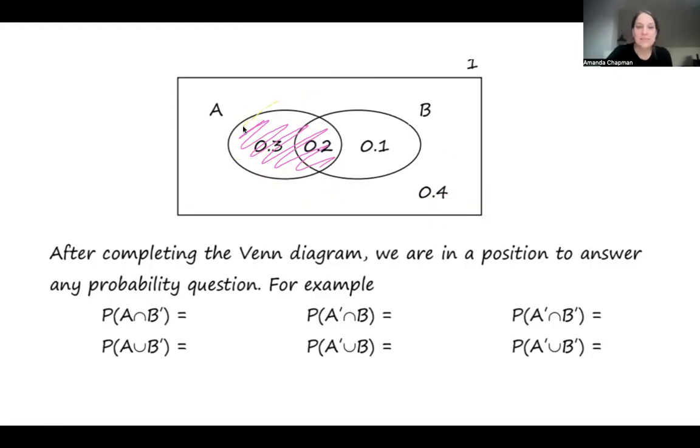Gotta do some better. Everything that's not B. Here we go. So they actually only overlap for this 0.3 part. Do you see it? So this would be 0.3.